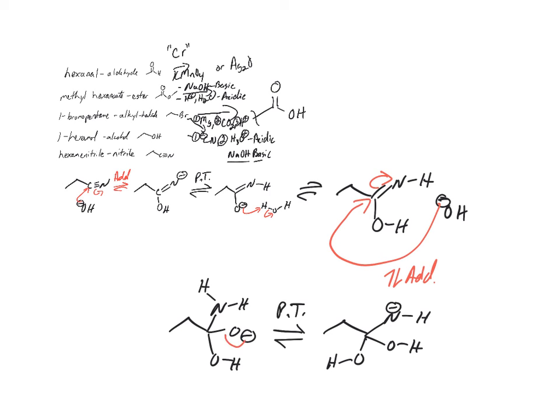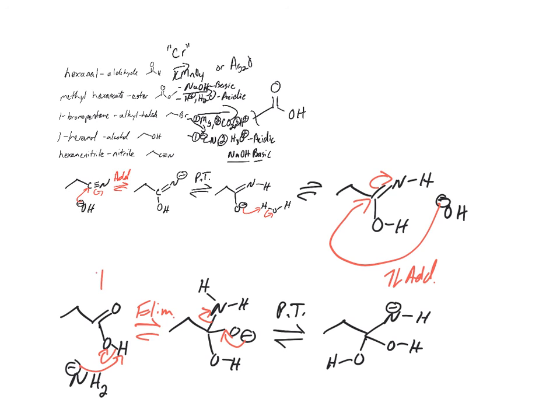Then we'll do an elimination. And this will be a tough one, because you can imagine NH2 minus is not a great leaving group. But if we ever do form any of this, what's going to happen right away? It's going to immediately react with the carboxylic acid. So you're going to make NH3. NH3 is a gas. We're done.